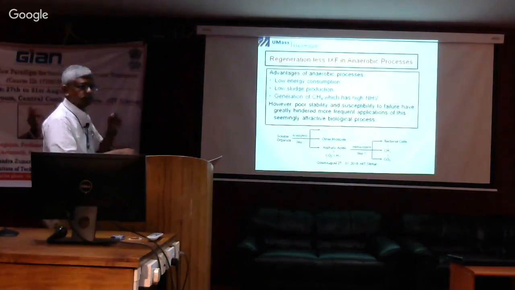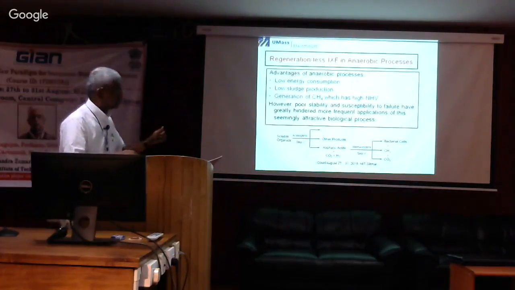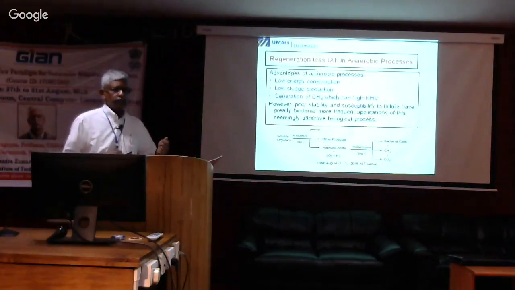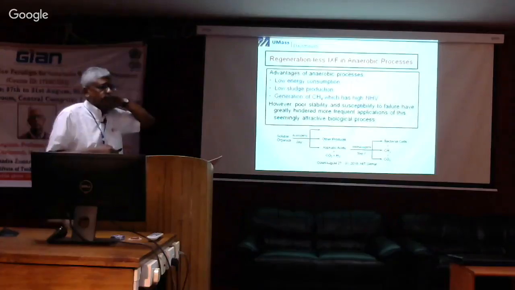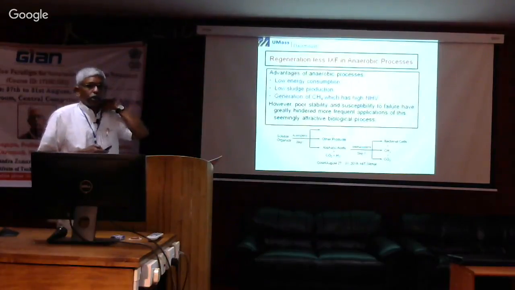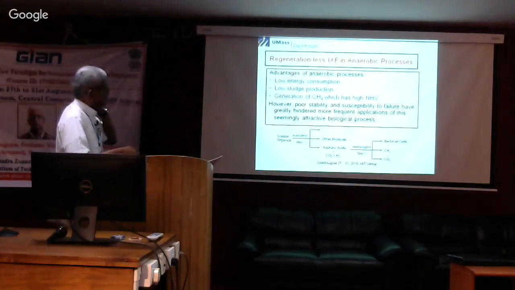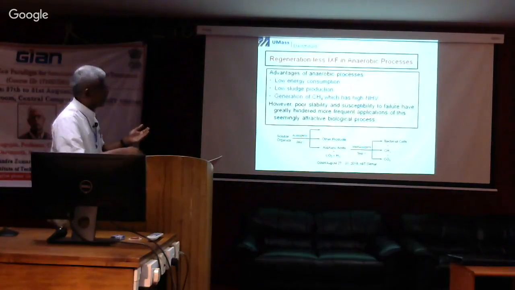But the methanogens are very sensitive to pH, they are very sensitive to other toxic ions, for example, like ammonium. So what does happen many a time is that there is something coming into the feed. The acetogens don't seem to mind, but the methanogens, they stop. Now what will happen?